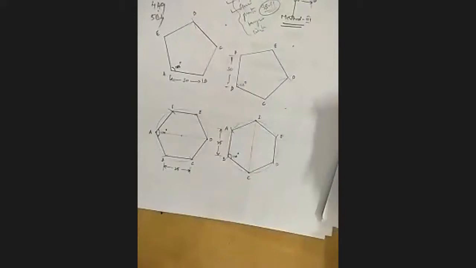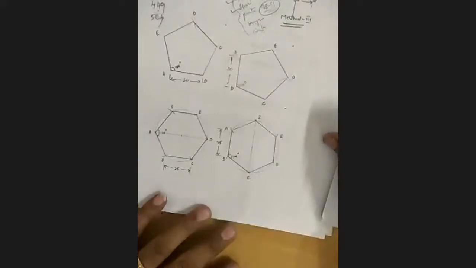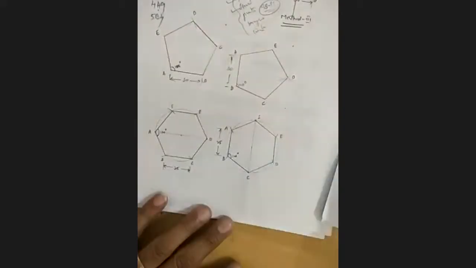Now I want to know, I drew two hexagons. Can anyone tell me what the difference is? If I bisect that circle horizontally, anything happened? If bisected vertically, what is happening? Any changes you can observe? Any response?